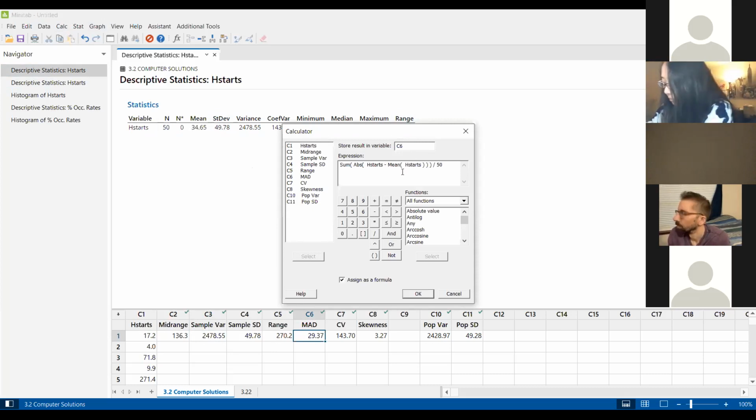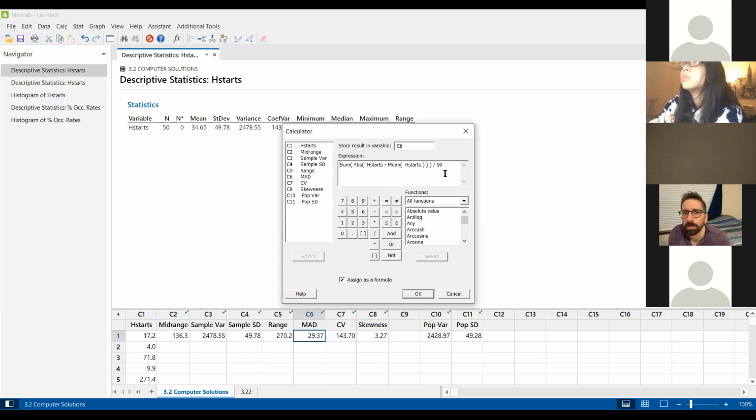There it is. So what is it? It's the sum of the absolute value of those deviations, right? ABS comes from absolute value here. So the sum comes from here for the functions, the absolute value comes from here, and then you just put your deviation formula in here, and you divide it by what?